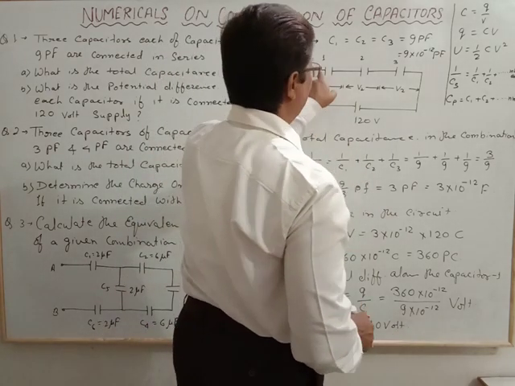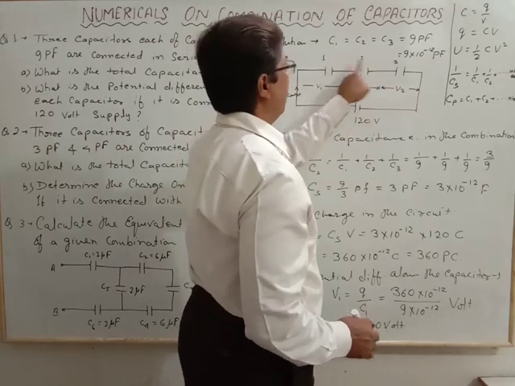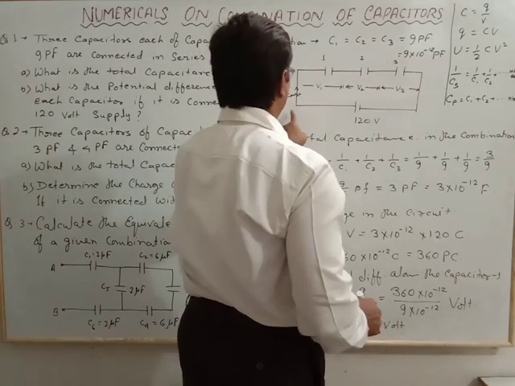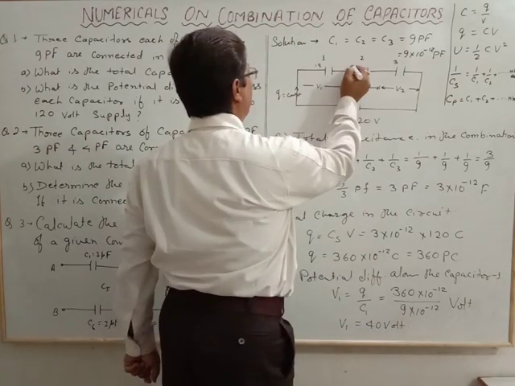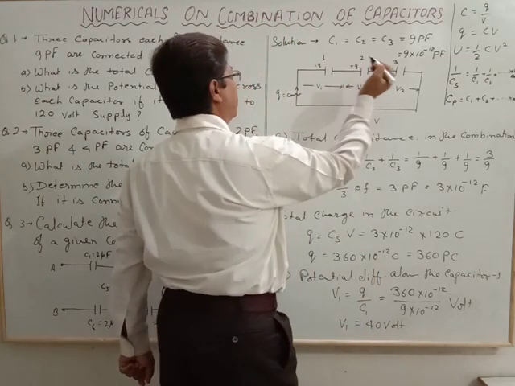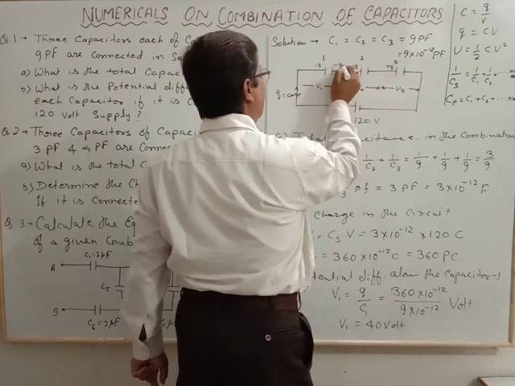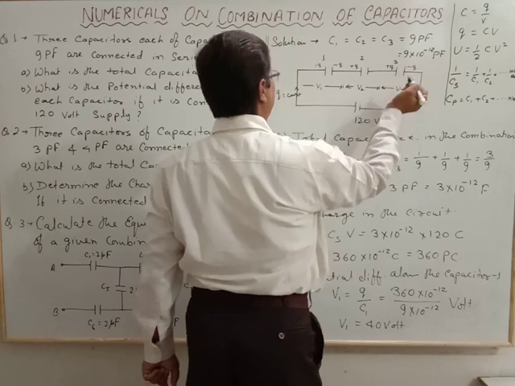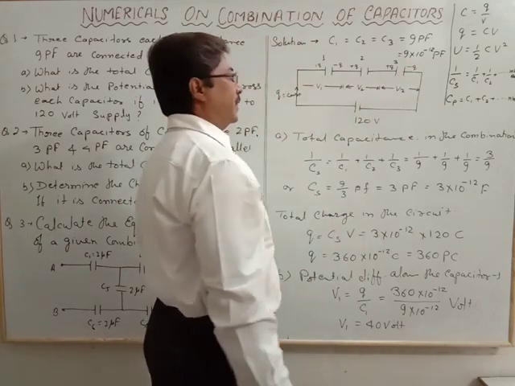Now if we see the circuit, for every capacitor the capacitance is the same. For the circuit having the charge, here it is plus Q on the plate of the second, plus Q here, and the induced value is minus Q. So the charge on each capacitor is also the same.